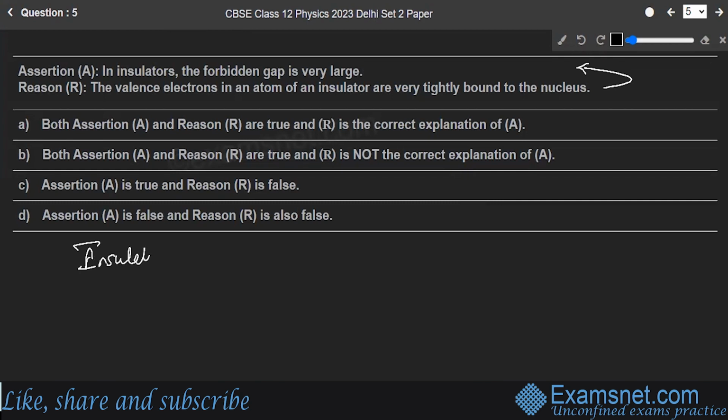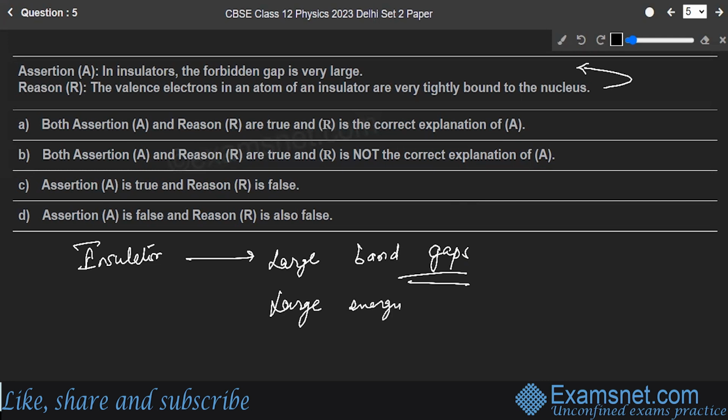Insulators have large band gaps, or a very large energy difference between the valence and conduction band. This large energy difference makes it difficult for the electrons to move out of the valence band into the conduction band where they can flow and create the electrical current, which means electrons are very tightly bonded.